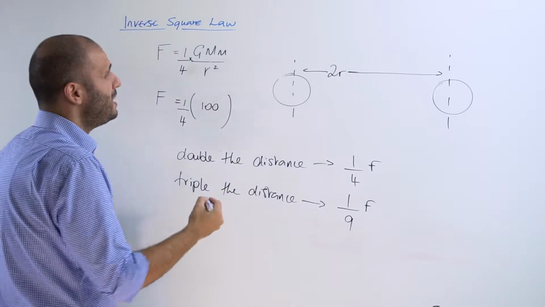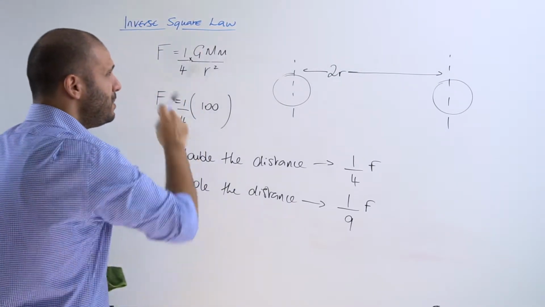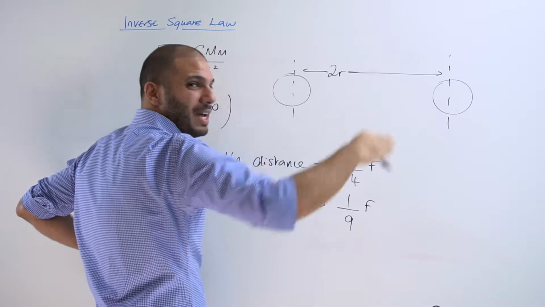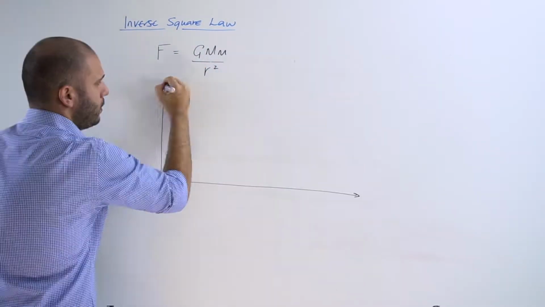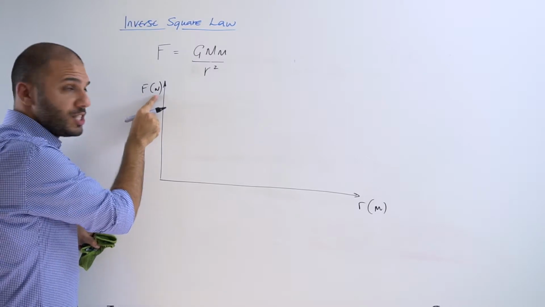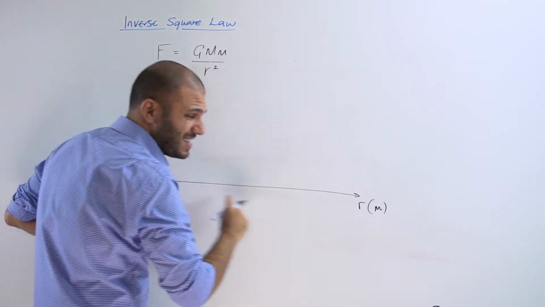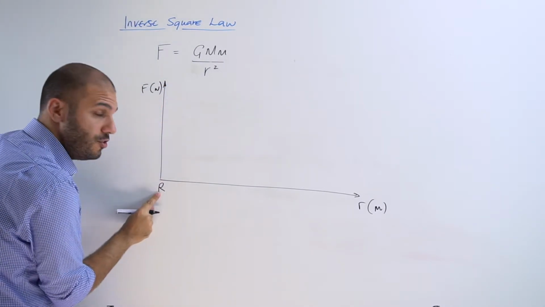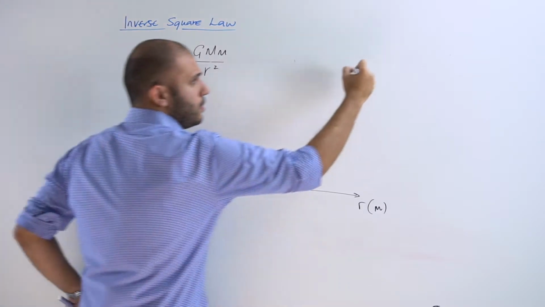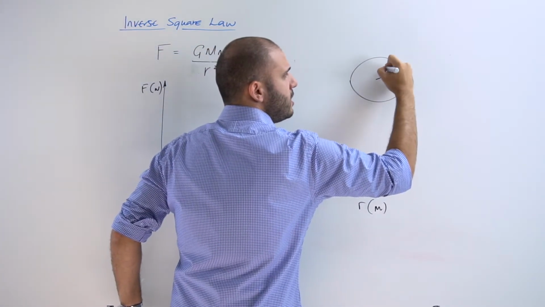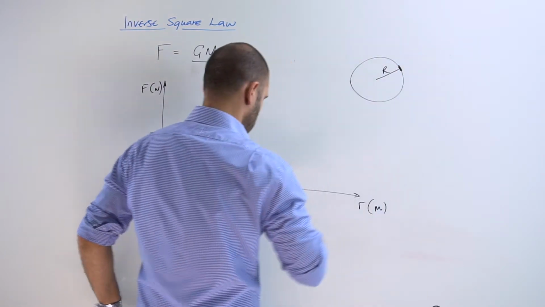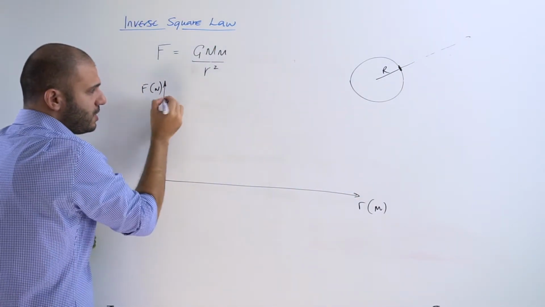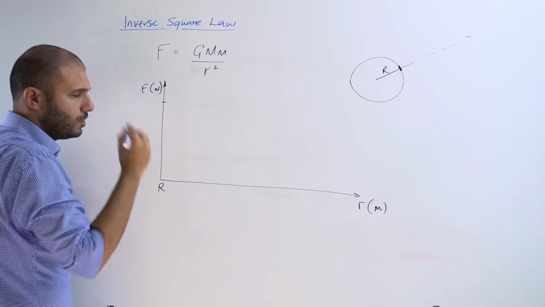So what this actually means, when you've got an inverse square law, is that the force is not going to decrease in a directly proportional manner. Rather, if I had to sketch a graph of force in newtons on the y-axis against distance away from the surface of Earth, this being the radius of Earth, so this is the radius r, and we plot what's happening from this point outwards, at the surface it's going to have a particular value, whatever that is.